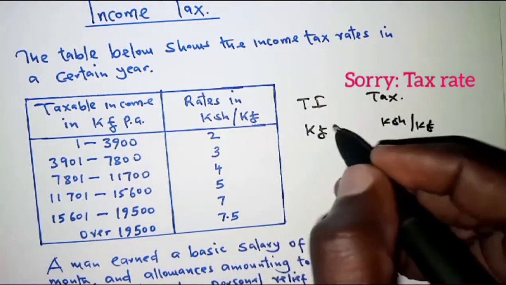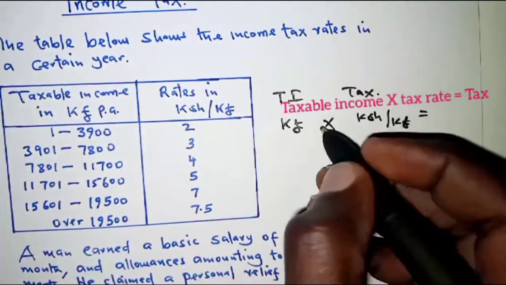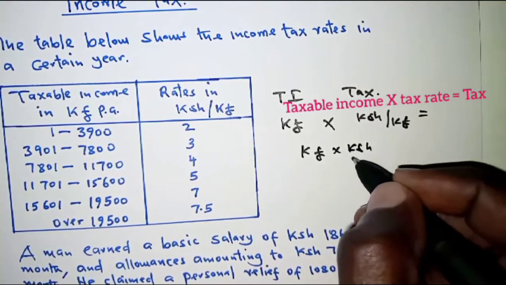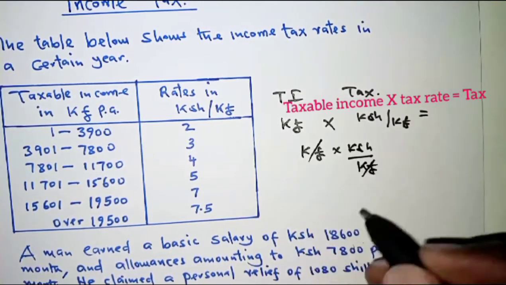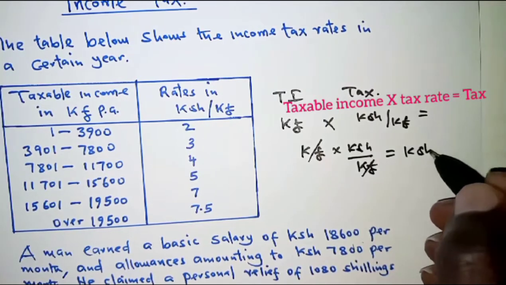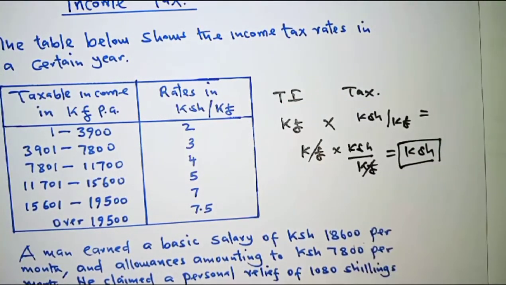So when you are multiplying to get the tax, then we simply have Kenyan pounds multiplying Kenyan shillings per pound. So the Kenyan pounds will cancel, and then the unit will remain with Kenyan shillings. So this is how I've arrived at the unit for the tax.